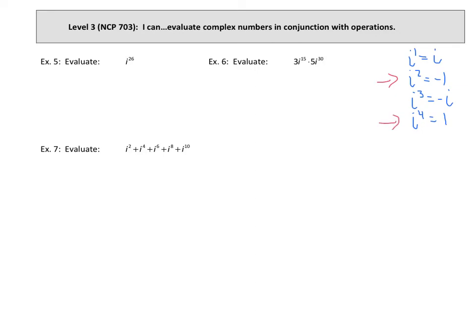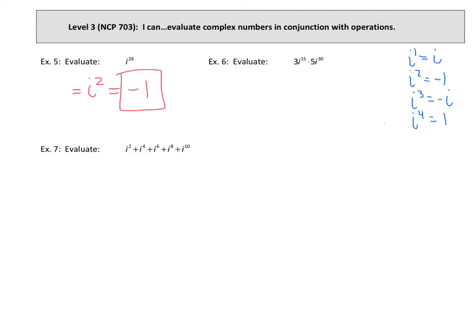Now, to determine which one, I ask myself, is it a multiple of 4 or is it not a multiple of 4? 26 is not a multiple of 4, so it's not going to be the same as i to the fourth. It's going to be the same as i squared. So i to the 26th is the same as i squared, which is negative 1.